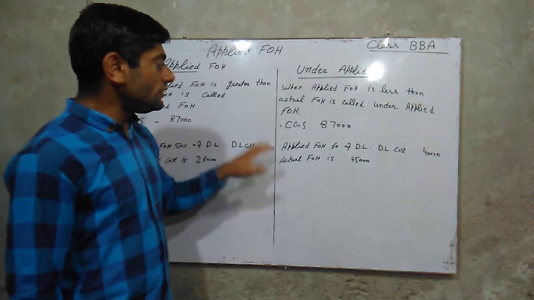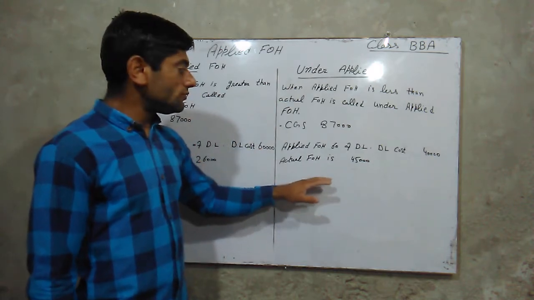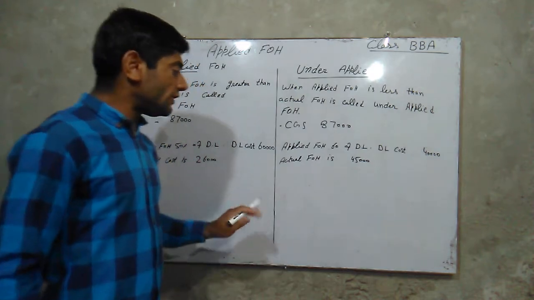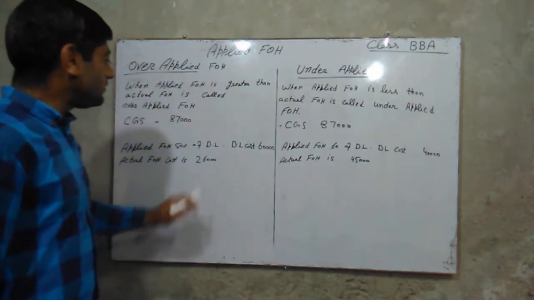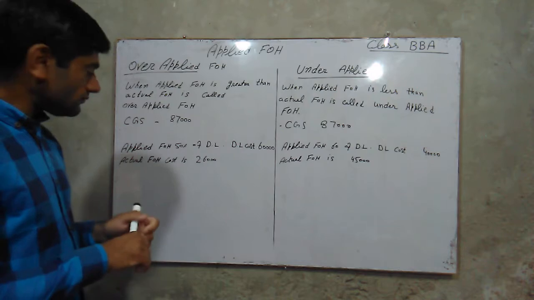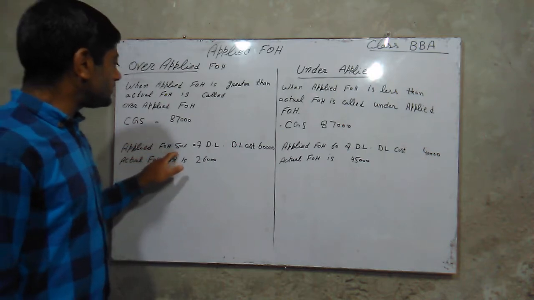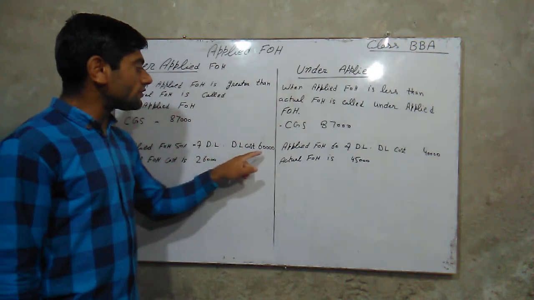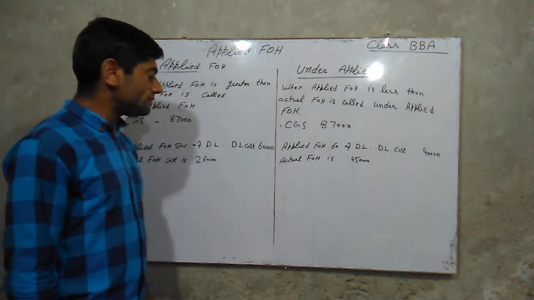So now we discuss how to calculate under and overapplied factory overhead. Firstly, overapplied factory overhead. Given applied FOH is 50% of direct labor. Direct labor cost is 60,000.